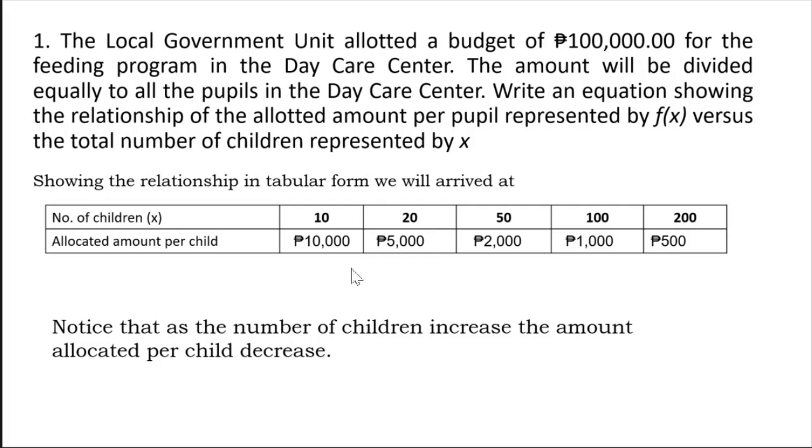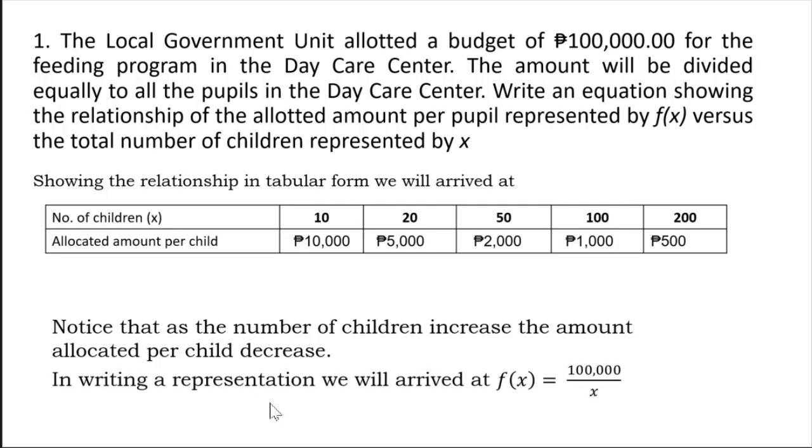In writing the representation for this problem, we will arrive at f of x equals 100,000 divided by x, where x represents the number of children or the number of pupils in the daycare center.